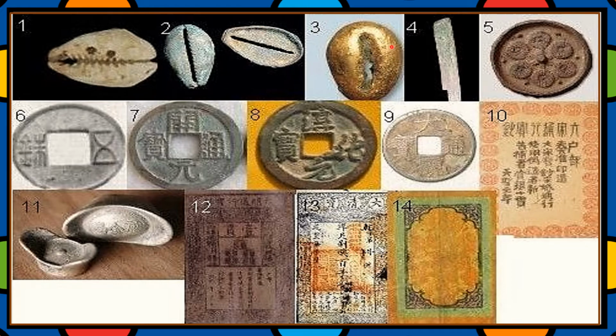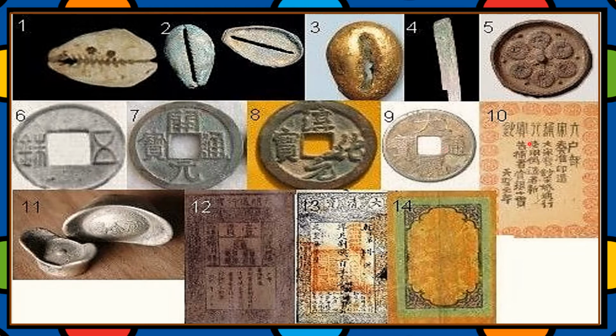Number three, used by legions, made up of gold and silver. Also number four. Numbers five, 6, 7, 8, 9 are examples of coins made in India. As you can see, there are square holes in them, in which you can put a string so it's easier for you to carry those coins.